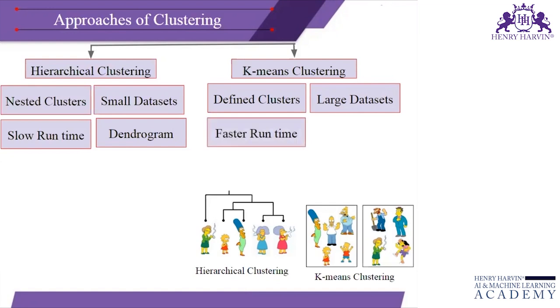The runtime of the k-means algorithm is faster in comparison to hierarchical clustering. Then what do we do in k-means clustering? We find centroids, or we can say the average of the data set, and based upon those centroids, we create clusters. The points nearest to that centroid will be clustered in one group. So this is how different clusters are created.